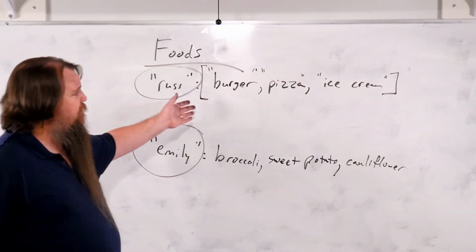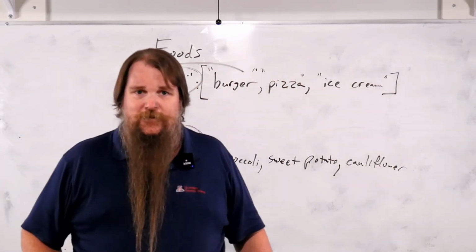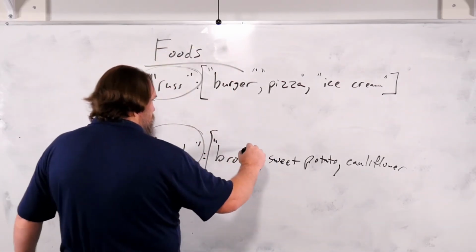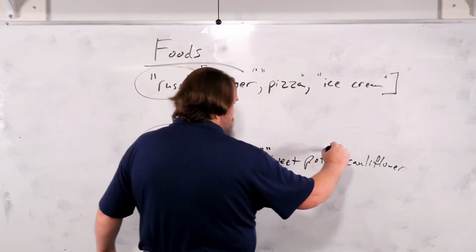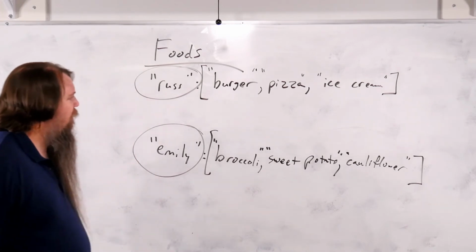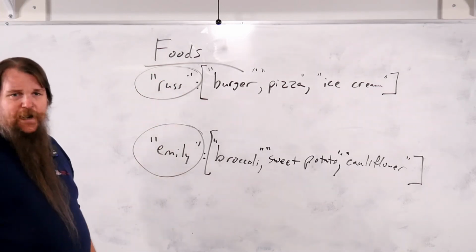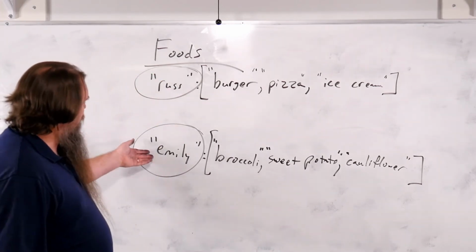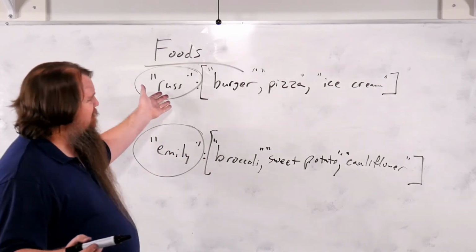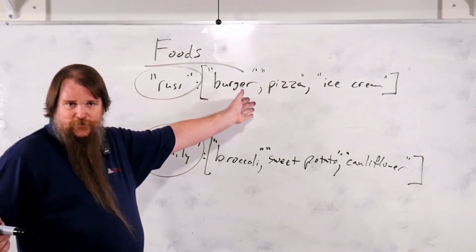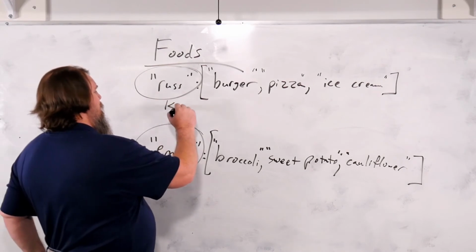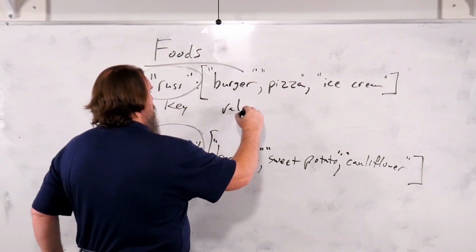So there's an array of strings that represents everything that Russ has eaten. And here's an array of strings that represents everything that Emily has eaten. Now we need to be able to find these arrays. How are we going to do it? Well, it looks like we've got these keywords, we've got keys that we're going to use to look up values. So we have key value pairs.